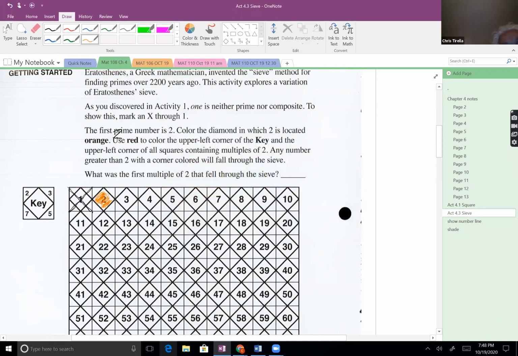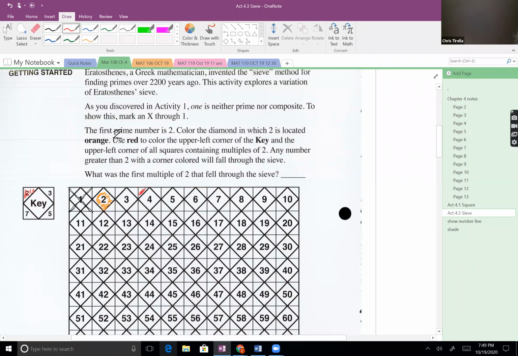I think I overcolored because you can't see the 2 anymore. I'm going to try that again. Then we want to use red to color the upper left corner of the key, the upper left corner of all of the squares containing multiples of 2. So is 3 a multiple of 2?